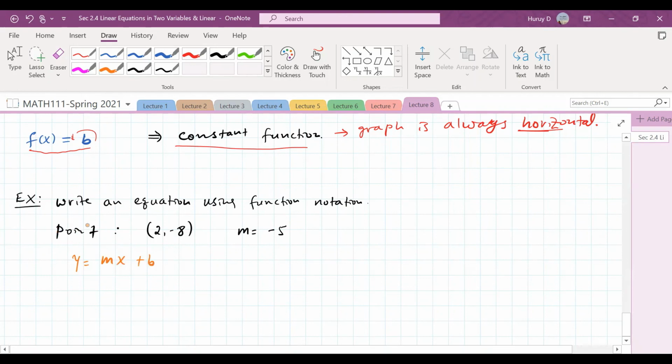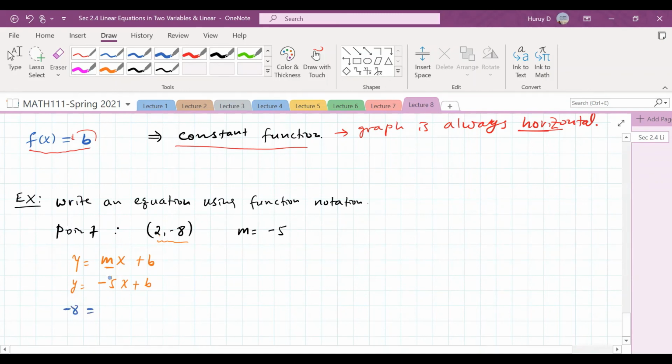This is any point. It's not the y-intercept. And here we know the slope, so it's -5x plus b. Now we're trying to find what b is. So I will use this point and solve for b. Substitute this x here and this y here.